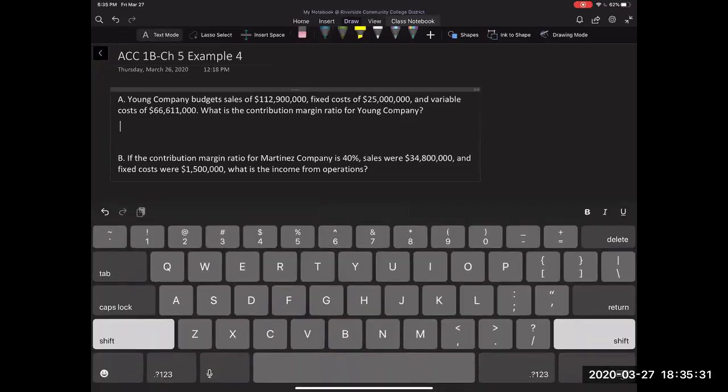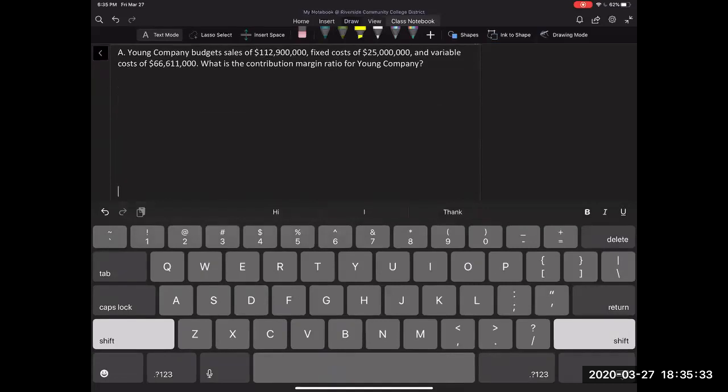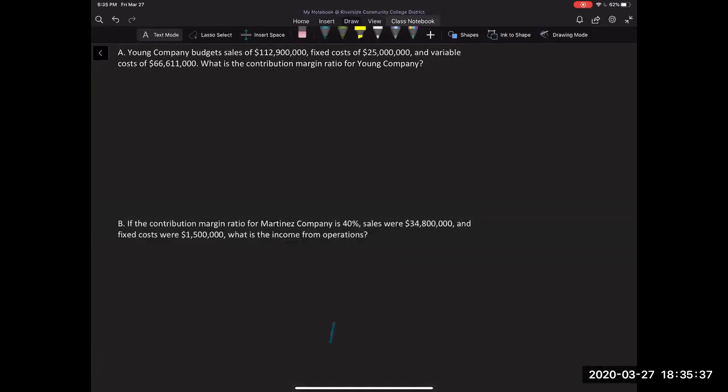Okay, so I'm going to just make some space between this. All right, so Young company budget sales of 112,900,000. Their fixed cost is 25 million and their variable cost is 66,611,000. It's asking us what is the contribution margin ratio for Young's company.